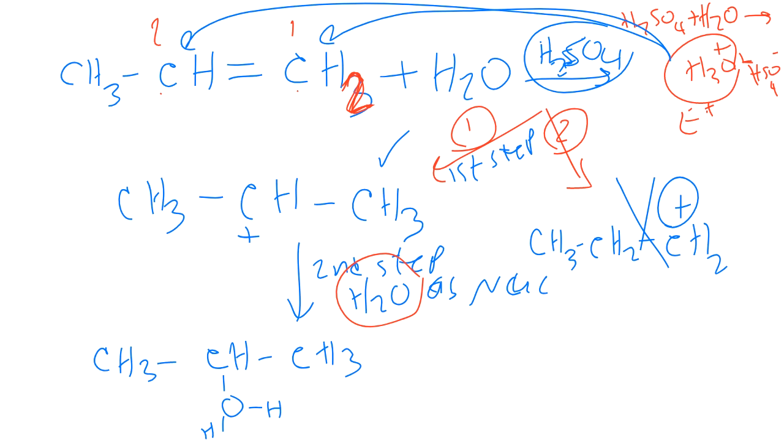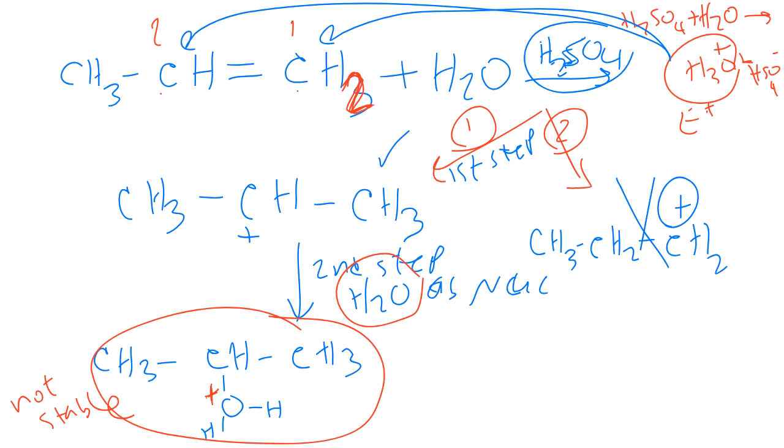It was on carbon, but since the nucleophile is coming to stabilize this carbocation, that plus charge is going to move down toward the oxygen. And this is not stable. Why is it not stable? Because you have the plus charge on oxygen.